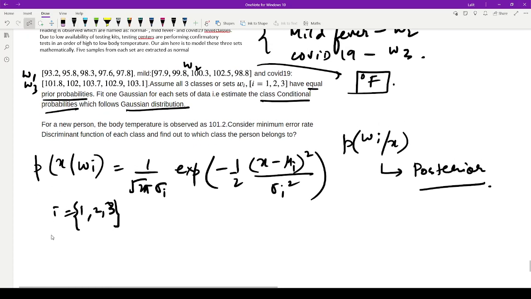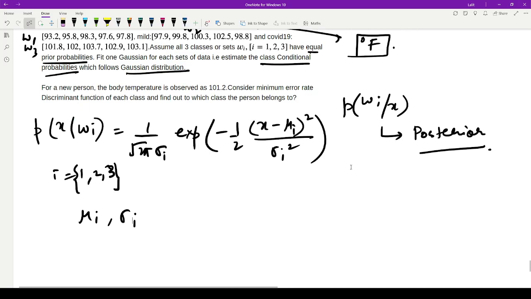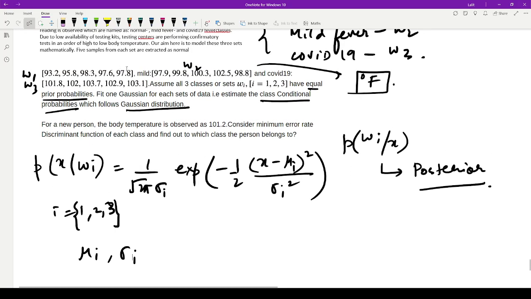So how will we get it? What we need to find is mu i and sigma i. So mu i will be what? Just sum these and divide by the number of samples. So mu i will turn out to be the summation over x i belonging to class wi, just writing a general formula, divided by the number of elements in class wi.